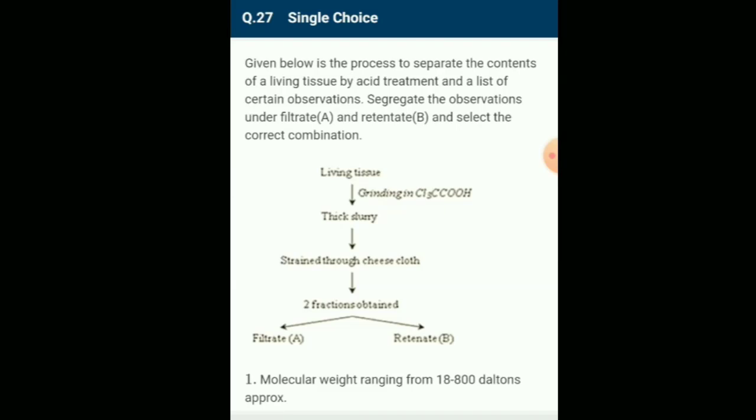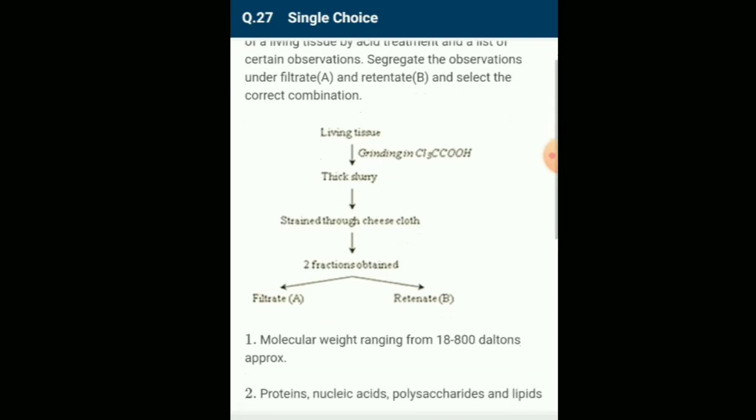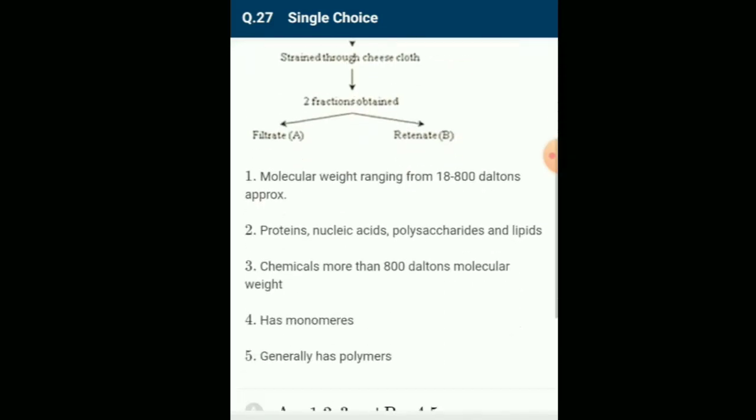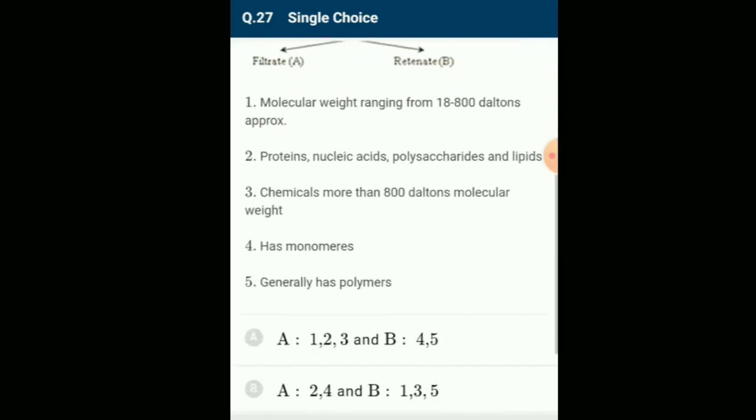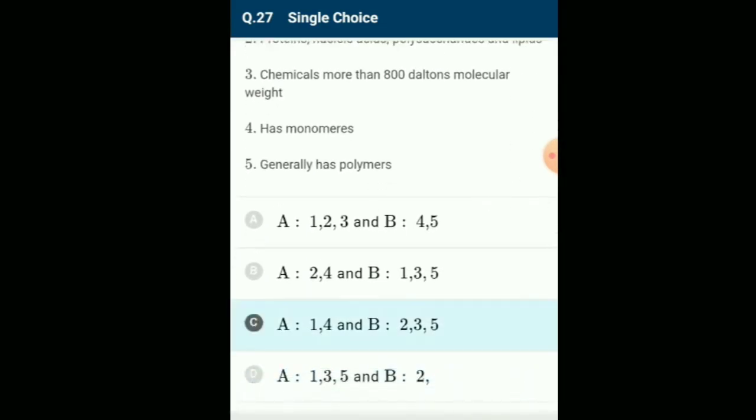The acid soluble pool has micromolecules, low molecular weight molecules having a molecular weight between 18 to 800 daltons. They are generally monomers such as amino acids, monosaccharides, etc. The acid insoluble pool has biomacromolecules, high molecular weight molecules having molecular weight above 800 daltons. They are generally polymers such as carbohydrates, proteins, nucleic acids, etc. So the answer for this question is option C. A is 1, 4 and B is 2, 3, 5 from the given five statements.